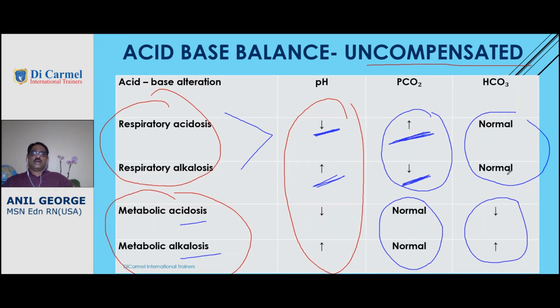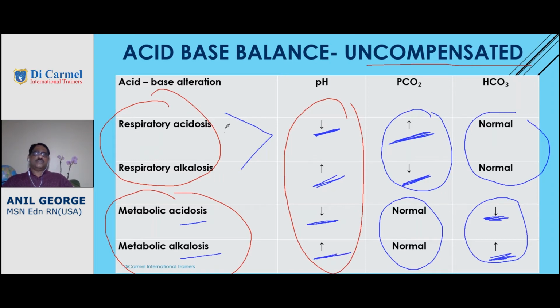You can see, when the bicarb decreases, the pH decreases, and the body can go into metabolic acidosis. Whereas when the bicarb increases, remember bicarb is an alkaline substance. When its level increases, the alkalinity increases. So that's what you see here.